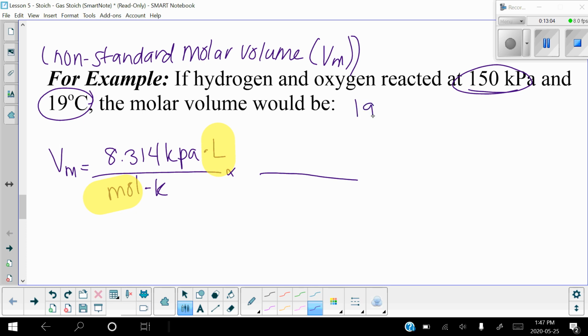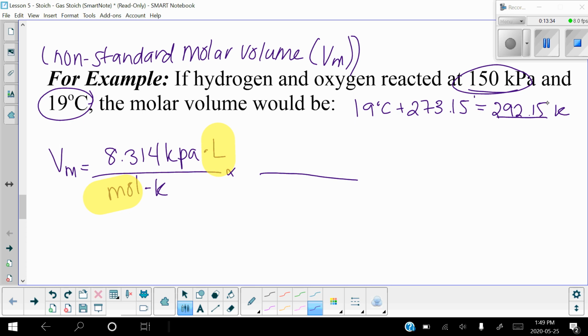To get 19 degrees Celsius into Kelvin, I need to add 273.15. That will give me Kelvin. Okay, I'm going to plug this in, see what we get. That's going to give me a temperature of 292.15 Kelvin.